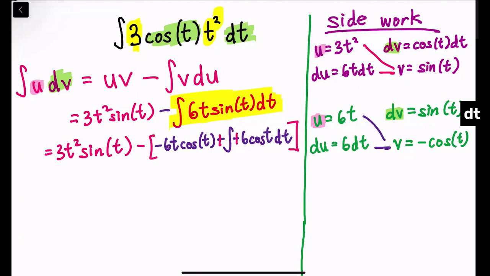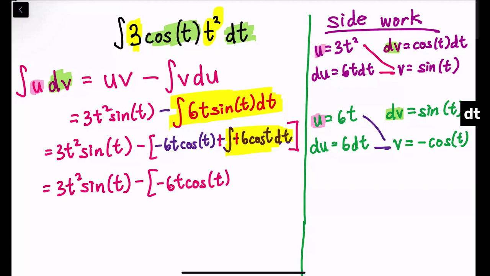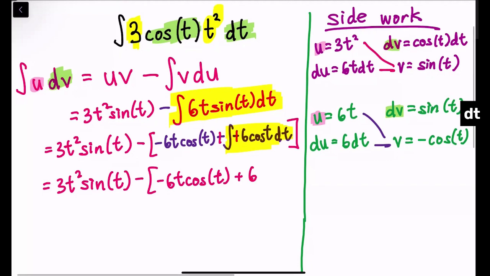Next, let's simplify the integral of 6 times cosine. So the integral of 6 cosine will be 6 times the sine function.